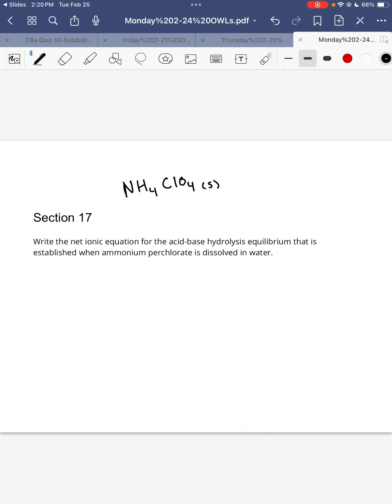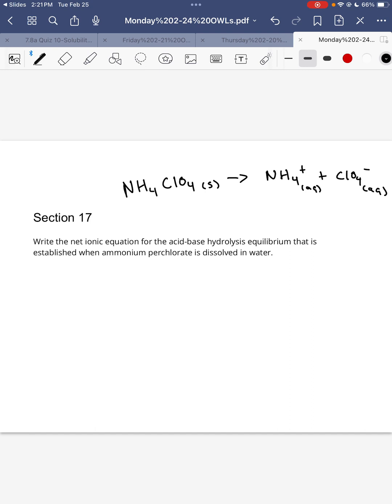It's made from a cation and an anion that are ionically bonded together. And so if I dissolve this ionic solid in water, it's going to form ammonium and perchlorate ions.